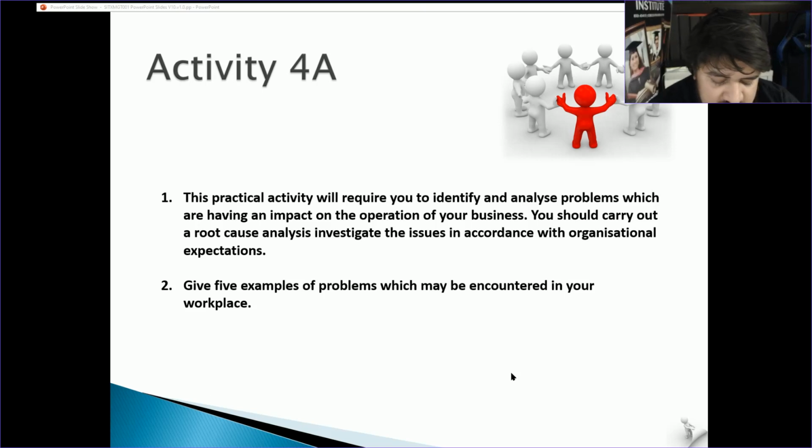So we're thinking about what negative impacts we're facing. The first step is taking apart the problem, going to the root of the problem and identifying the exact issue that we have within the business.